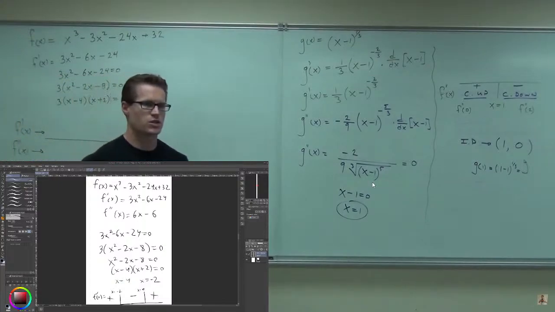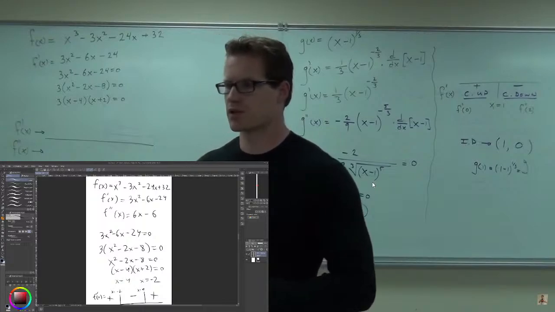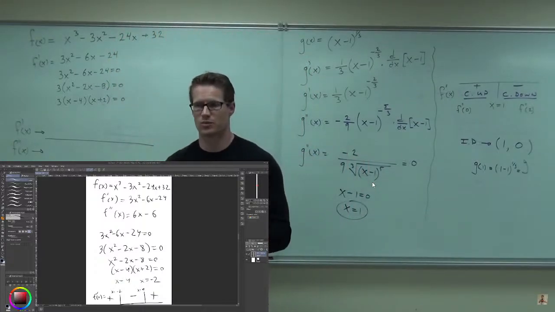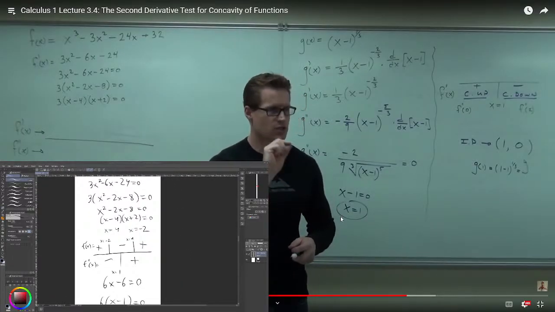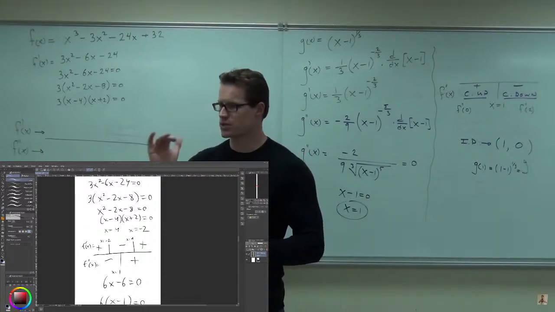To me, it looks like we should be getting x equals negative 2 and x equals 4. By a show of hands, how many of you have got x equals negative 2 and 4? Good. You just found your critical numbers. That's fantastic. Negative 2 and 4 are the places where your slope could be 0, where you could possibly be changing from increasing to decreasing.